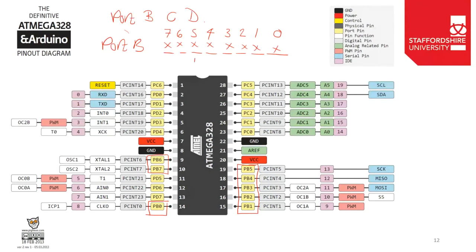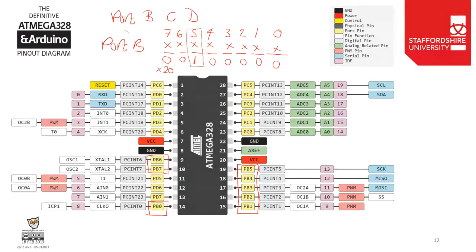So if this is a 1, as it is in ours, and these are zeros, this means port B. We can either put in a binary number or a hexadecimal number, and we saw that this was hexadecimal 20. So in the code, port B 20 only refers to this pin.